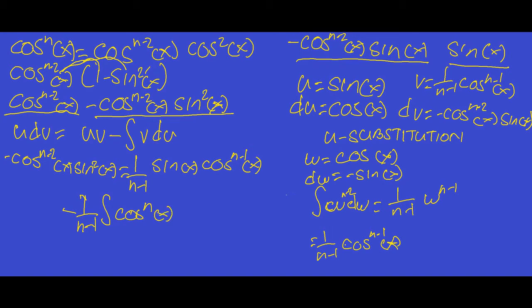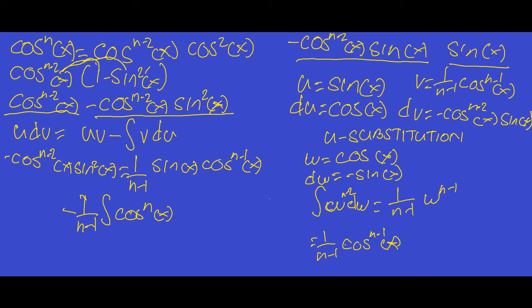As you can see, meron tayong dalawang cosine raised to the power of n. Isa sa given at isa sa integral ng v du. So, paano naging cosine raised to the power of n? I-times mo yung cosine at yung cosine raised to the power of n minus 1. Samahin mo yun, ay isang cosine raised to the power of n, like yung pagsamahin natin yung like terms sa multiplication.